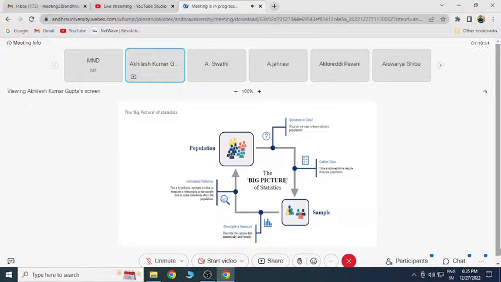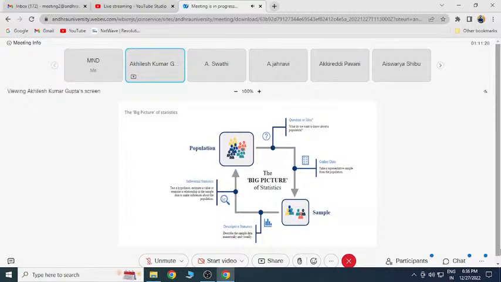In statistics, we have a question about a population, and to answer it we gather a sample. From the sample data, whether that question is answered, and with how much certainty we can answer it, is the big picture of statistics, and that's why we do hypothesis testing about the population.